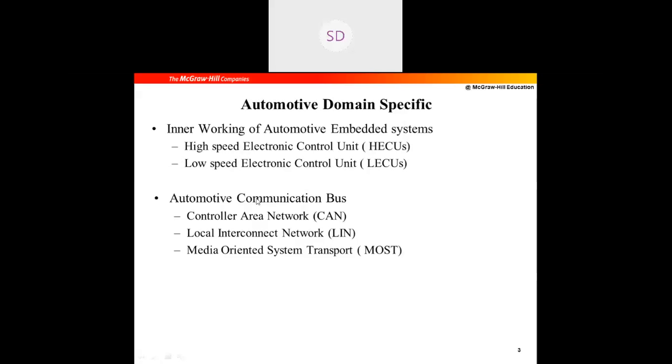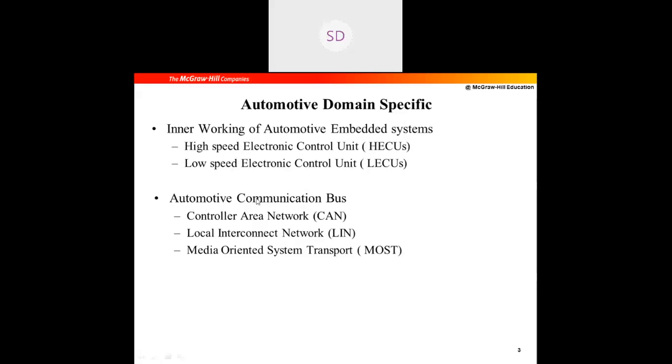Basically, the applications of the automotive domain are classified based on the time constraints into two sections: one is the high-speed electronic control unit, and the other is the low-speed control unit. In order to transfer data from one device to another, different types of buses will be used based on the application you select. Where high time criticality is required, or where time plays a very important role, such applications fall under CAN bus, that is Controller Area Network.